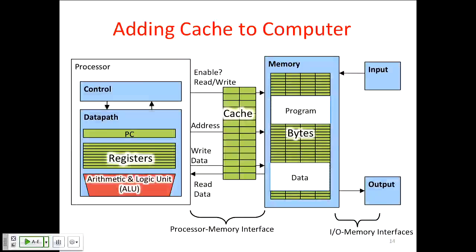The trick is going to be holding on to locations you've touched in the cache in case you need them again, right? So this is where the cache lives. You can think about it just as intercepting all those requests going to memory. So actually the processor itself, the hardware there, doesn't even need to know there's a cache present. It just sees the memory coming back quicker than it did before when there's what we call a cache hit. All right, so that's where the cache lives.